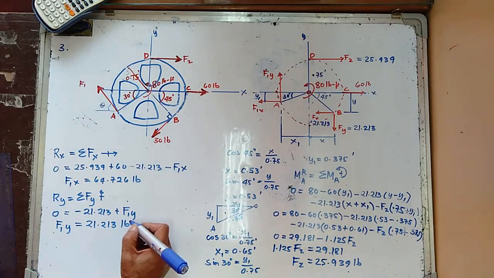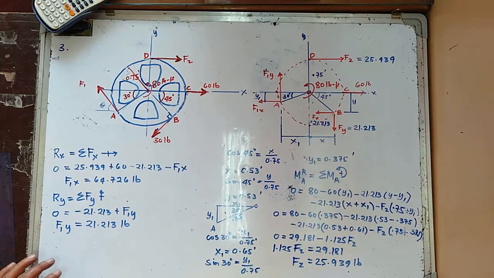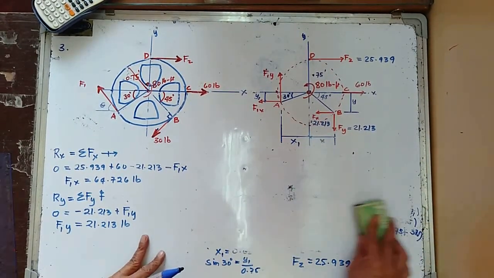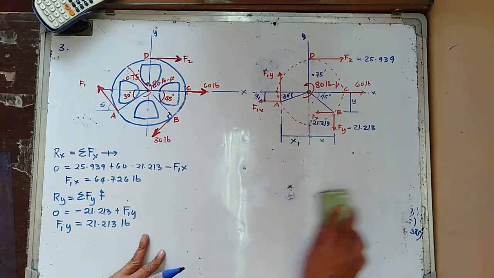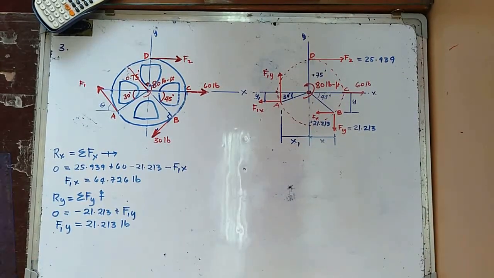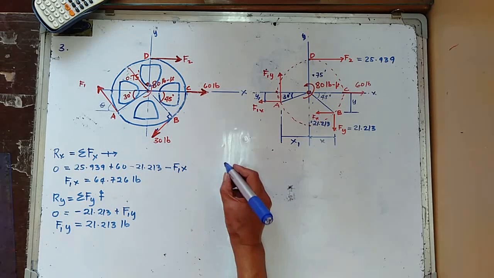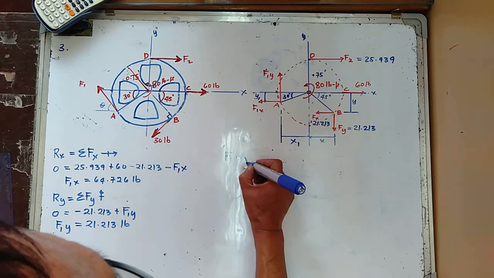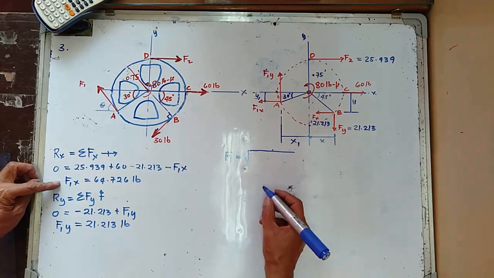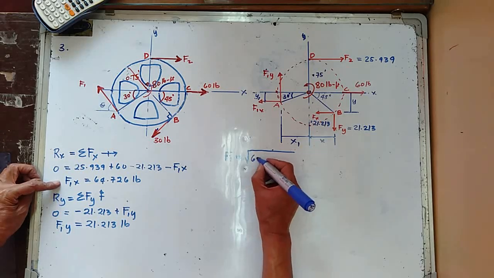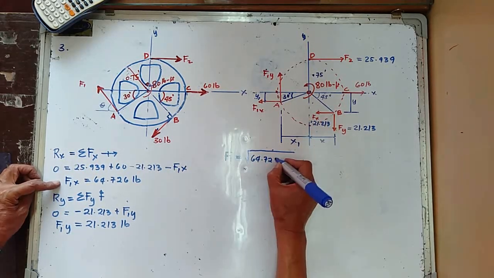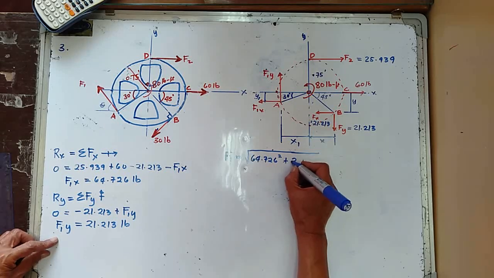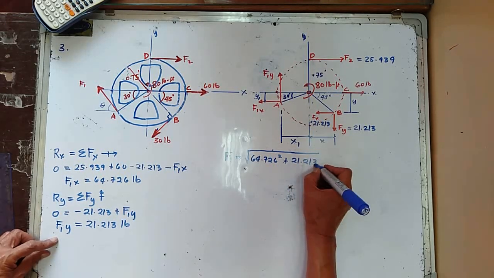Let us now determine the magnitude of F1 and the direction of F1. Your F1 is equal to the square root of F1x squared plus F1y squared, which is 64.726 squared plus 21.213 squared.